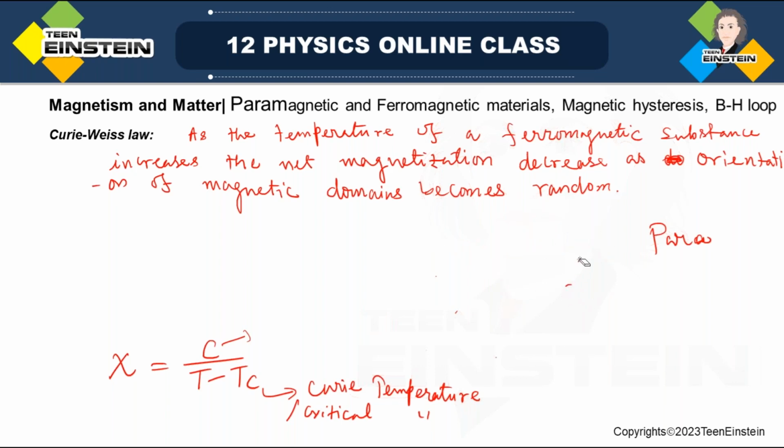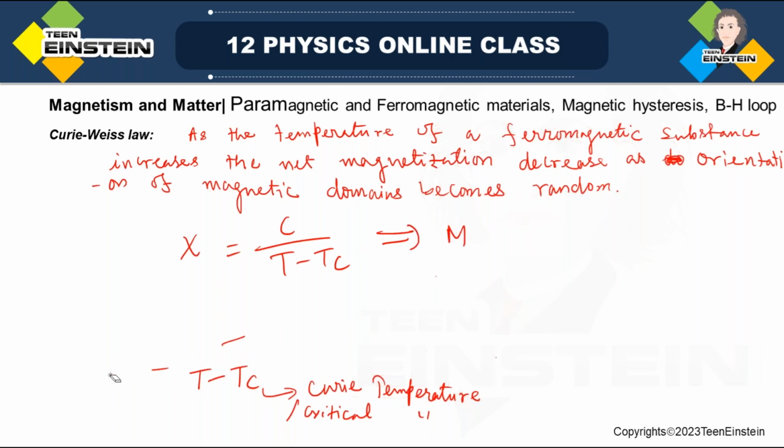But simply Curie law is for paramagnetic material. So here I'll write C by (T minus Tc). So this is actually the modified Curie law or Curie-Weiss law.